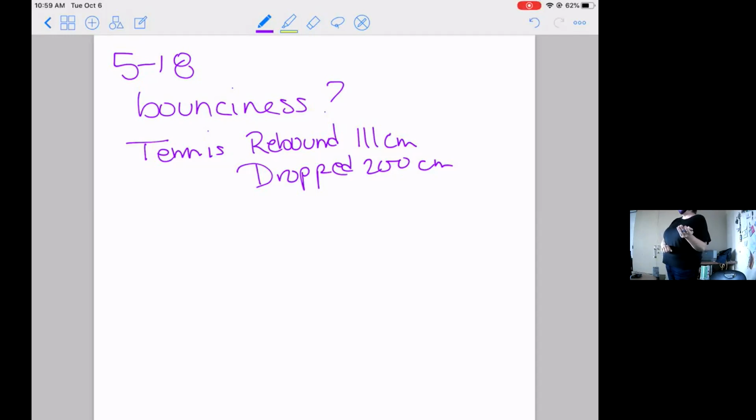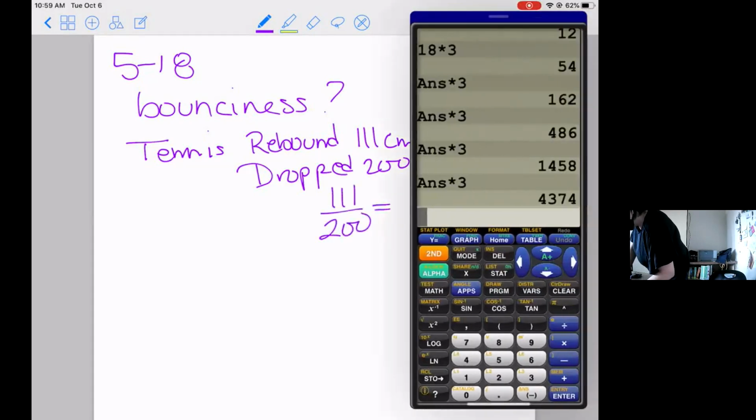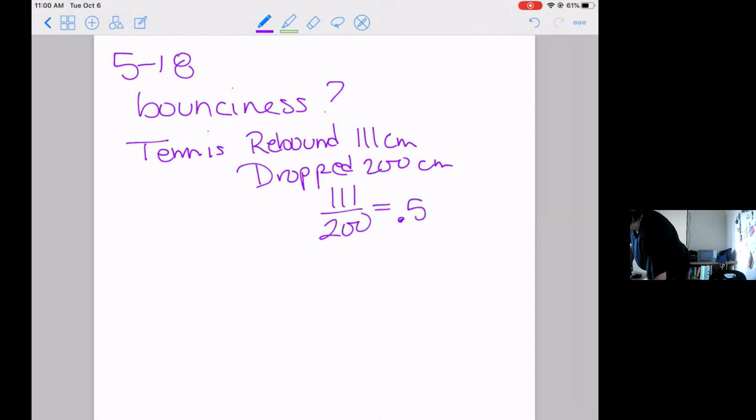Would you agree with that? How can I find out the exact amount? Divide it. So if I took 111 divided by 200, that gives me 0.55. So it bounced back 0.55.